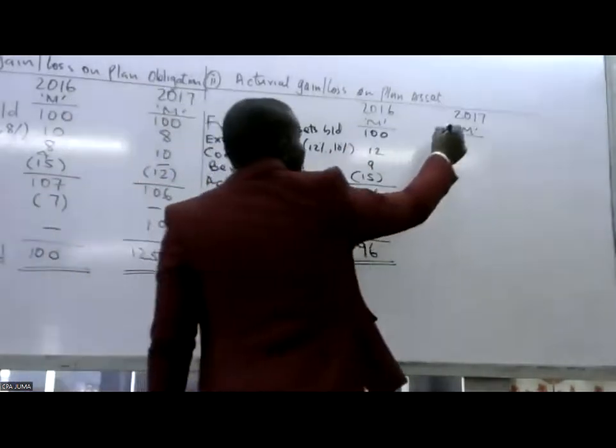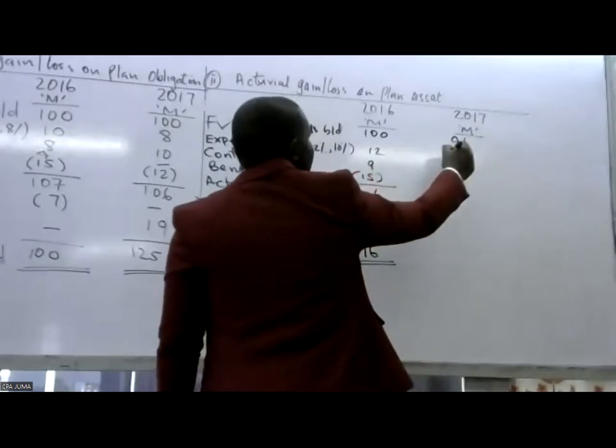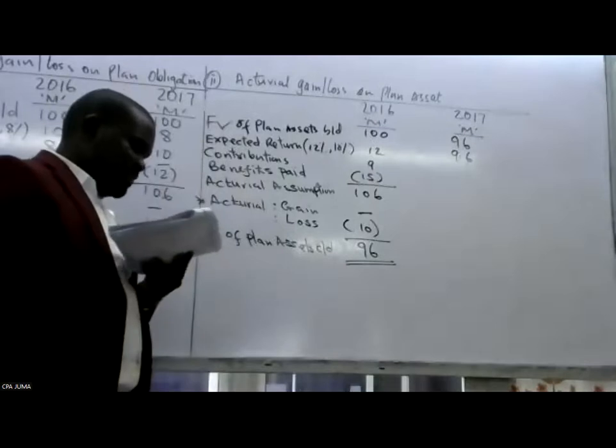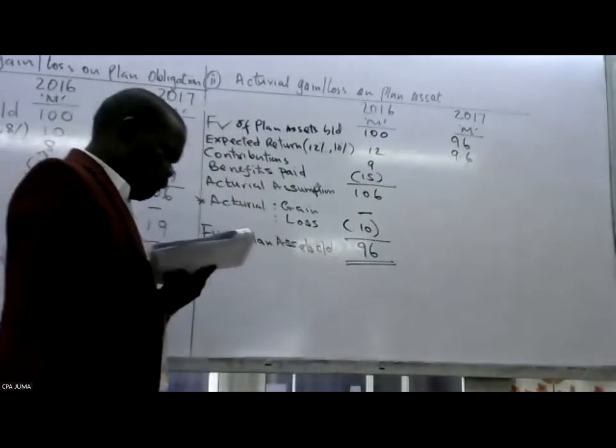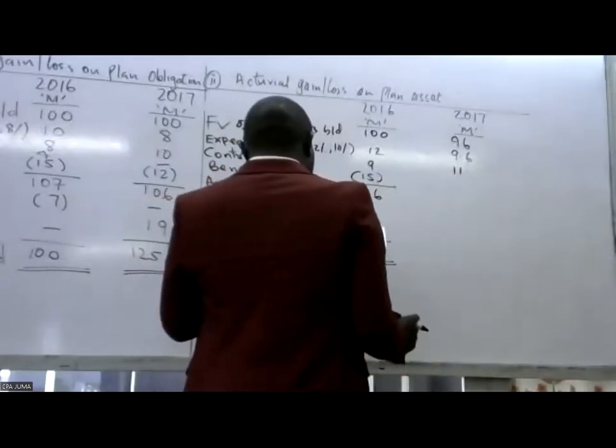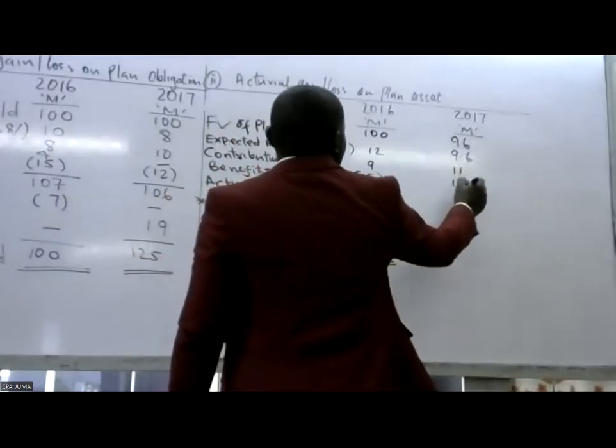So this is 96. Charge 10%, 9.6. Contributions to the scheme, 11. Benefits paid, 12.